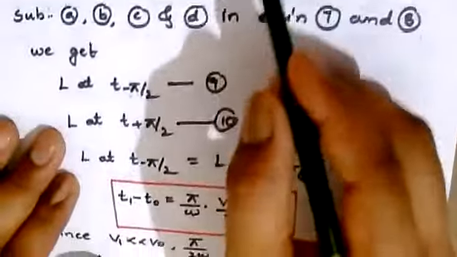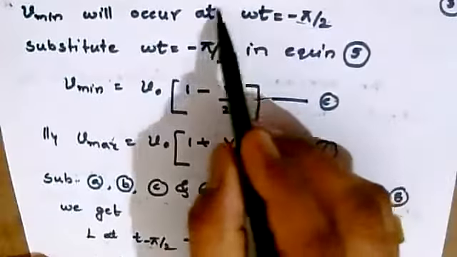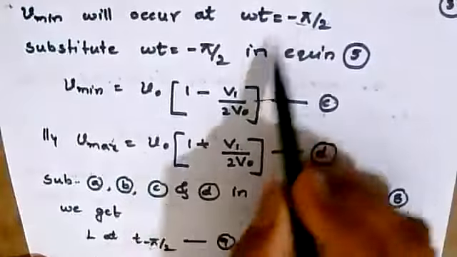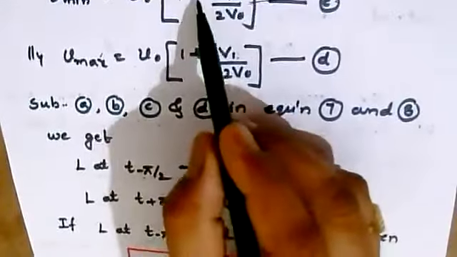C and D can be obtained by substituting the value of omega t in equation 5, where sin omega t is 90 degrees, which can be replaced here. So we get this particular equation as minus, and this is plus. These are the four equations which we have got, A, B, C, D.